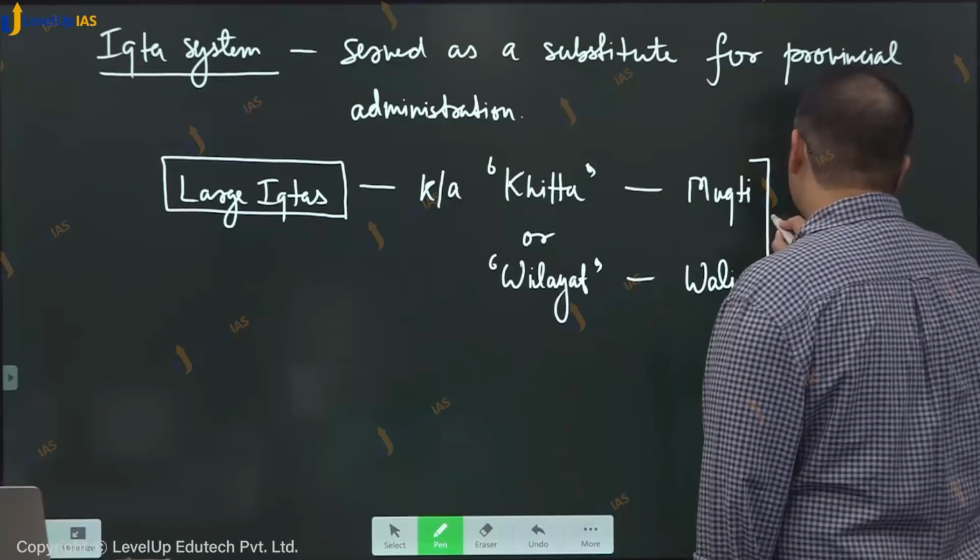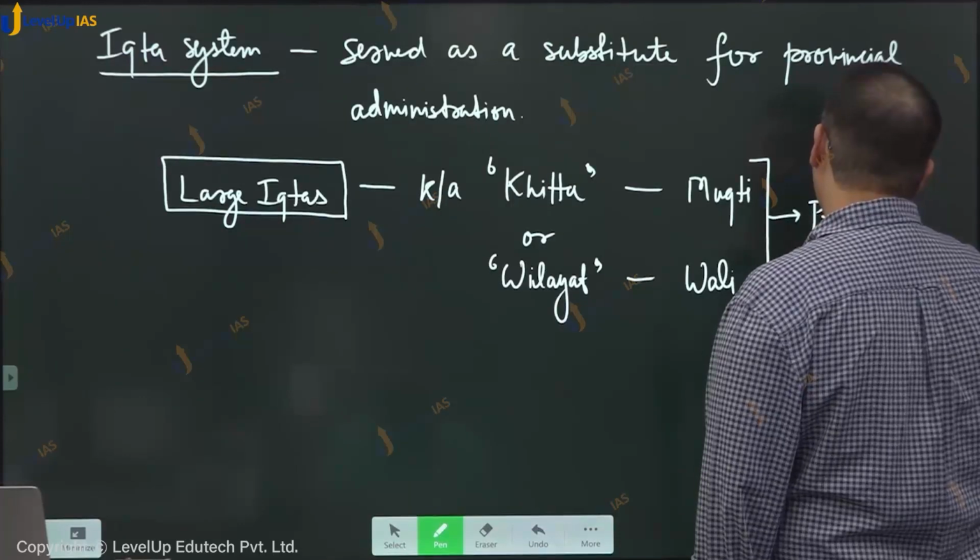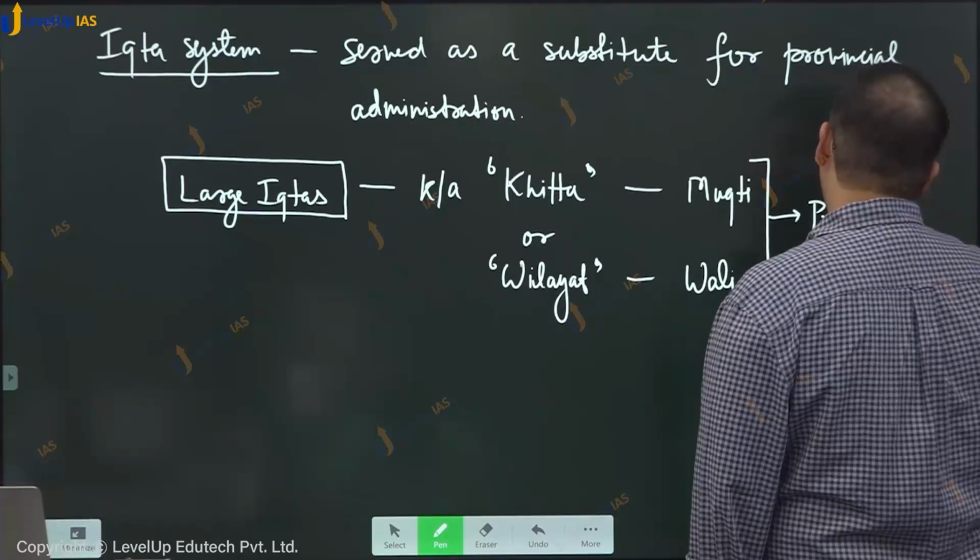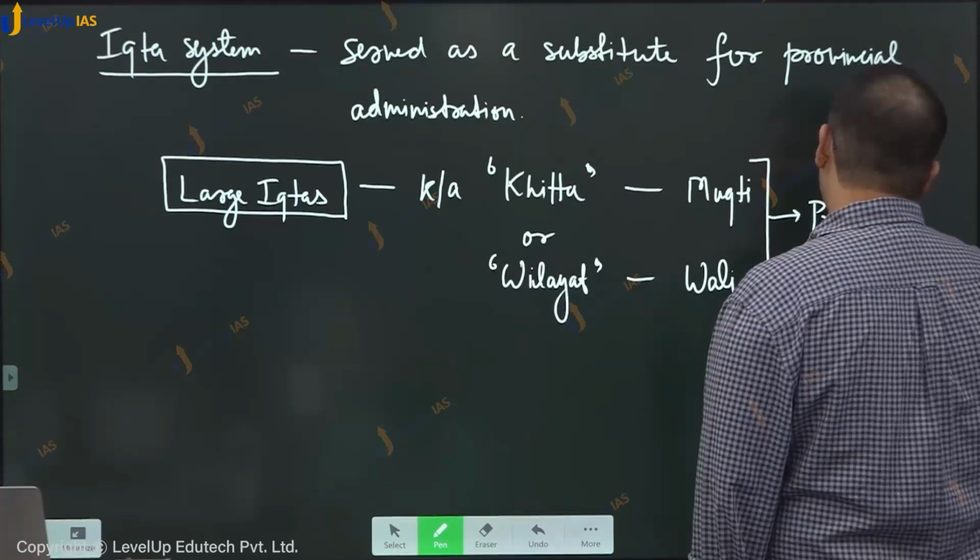They effectively served as the provincial governors.